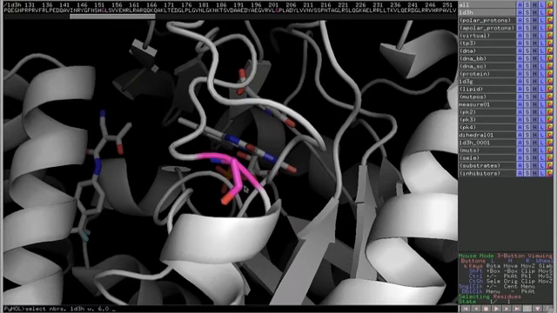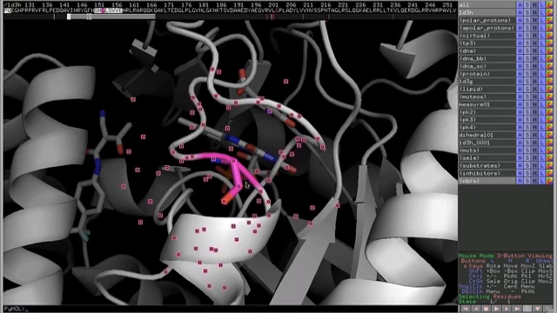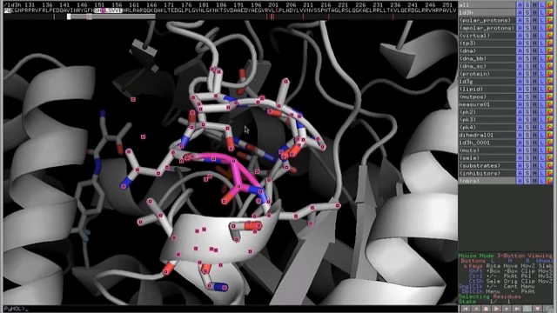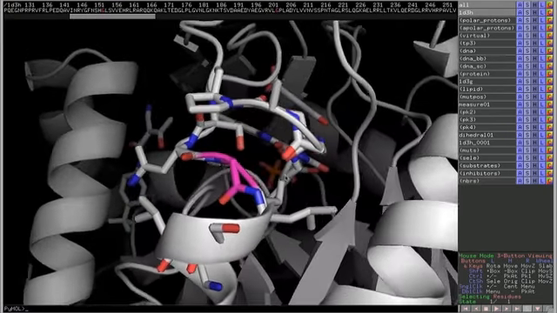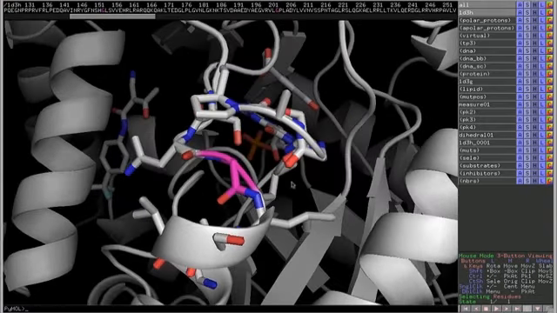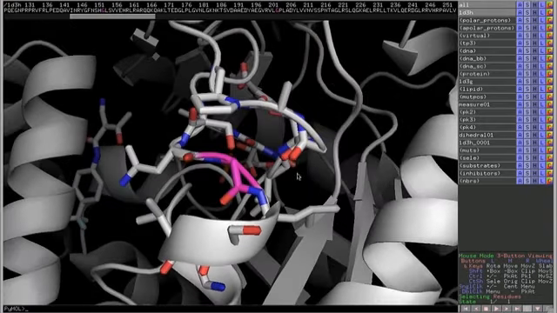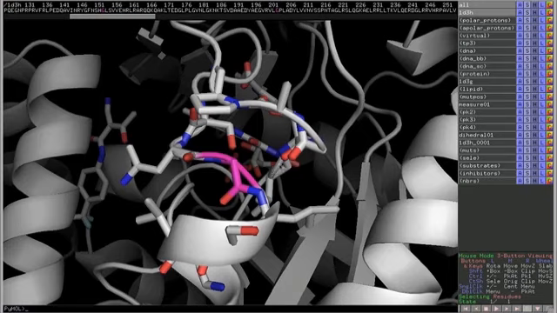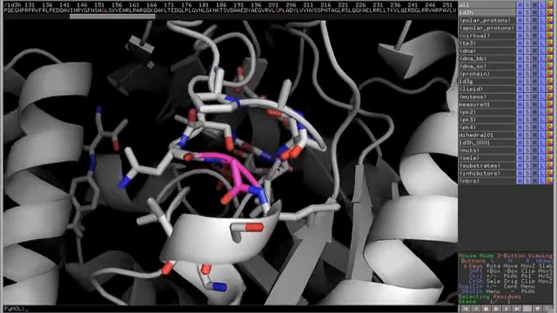We'll say something like 6 angstroms of position 153. Let's see if this actually works. Okay, so now what we see are the cartoons as before, in pink the mutated site, and then in a stick representation all the amino acids that are nearby that mutated glycine.